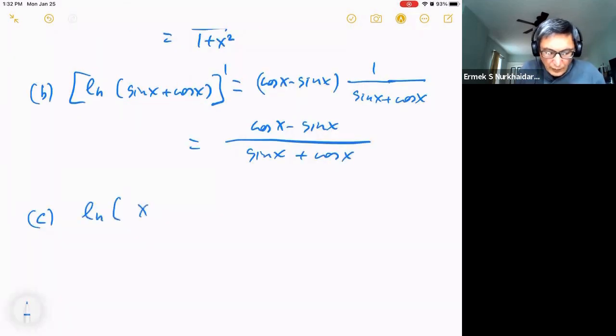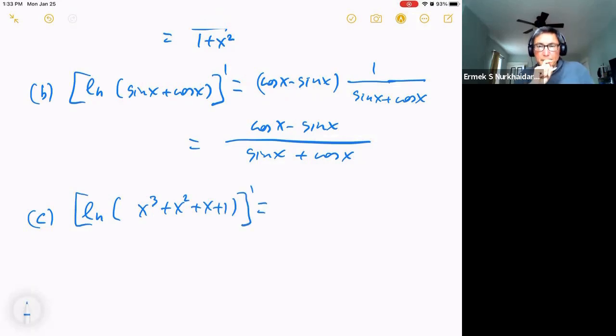Now the derivative of ln of x cubed plus x squared plus x plus 1. Actually, I'm going to give you a minute or two to try to figure out what the derivative of that expression will be. Okay, let me try to catch up on you. So for the derivative of the outside function, the derivative of natural log is 1 over, and we keep this original argument, x cubed plus x squared plus x plus 1.